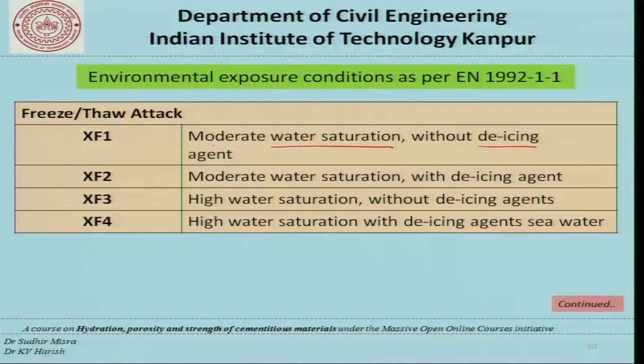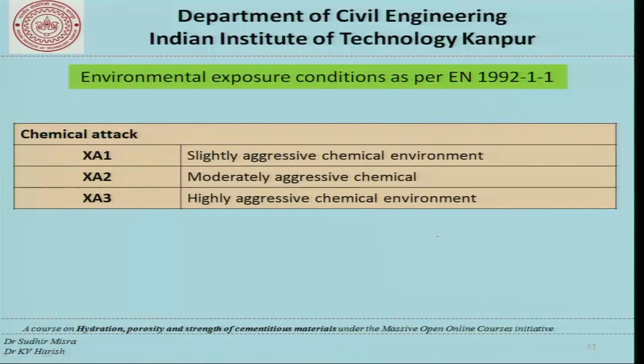So, depending on whether the water saturation levels are moderate or high and whether or not the de-icing agents are used with the seawater, the classification changes. Continuing on, we have XA1, XA2 and XA3, which is a chemical environment where we talk in terms of the aggressiveness of the chemical environment around concrete.